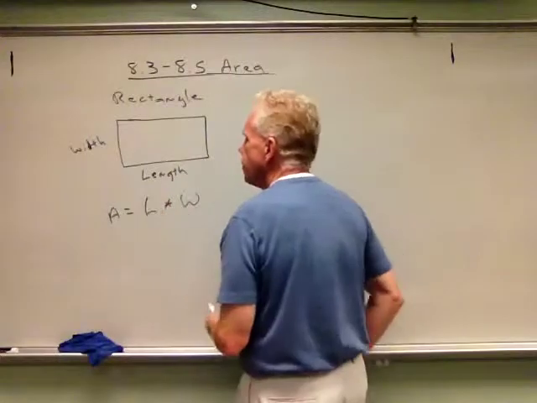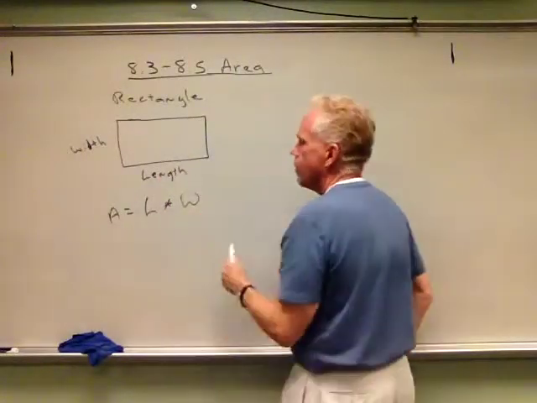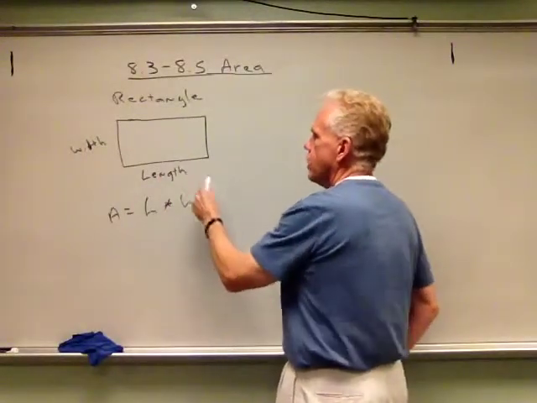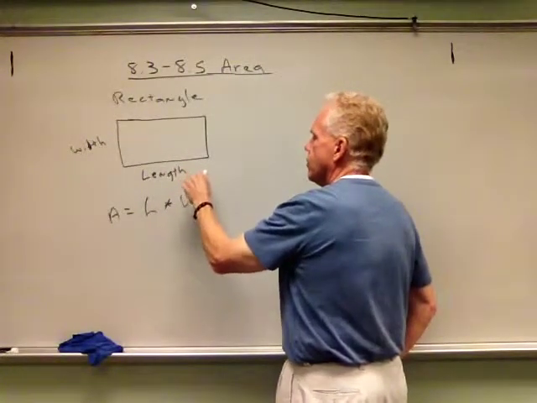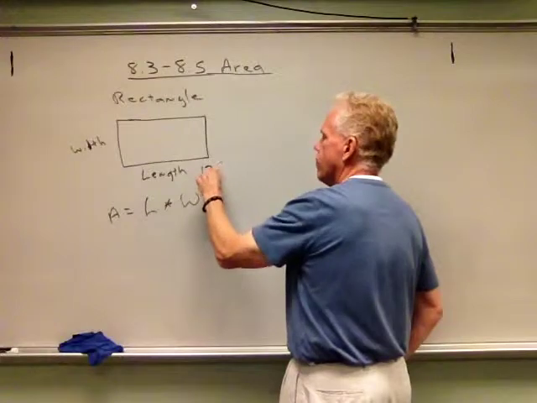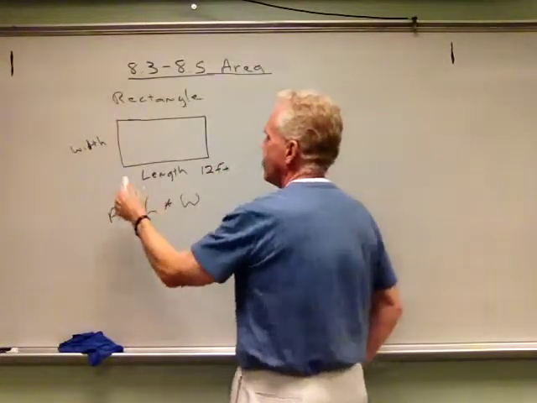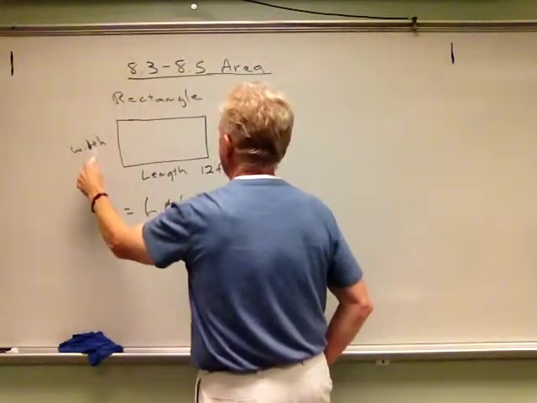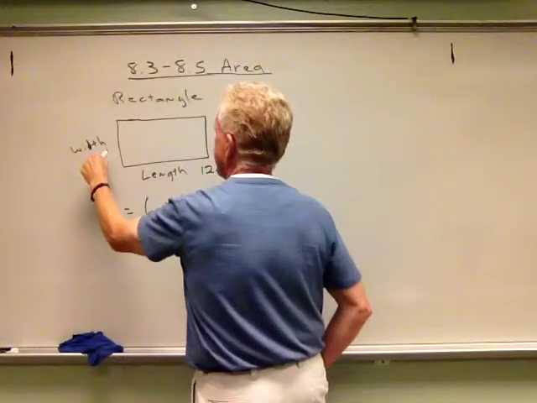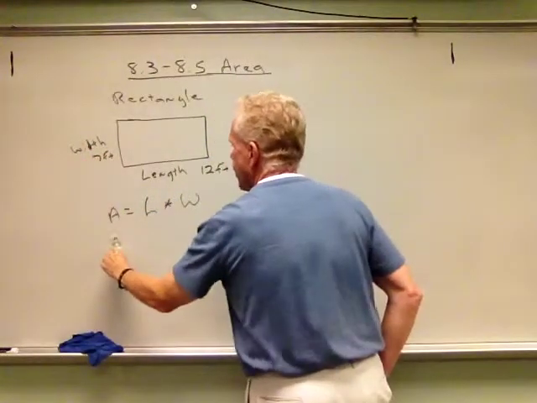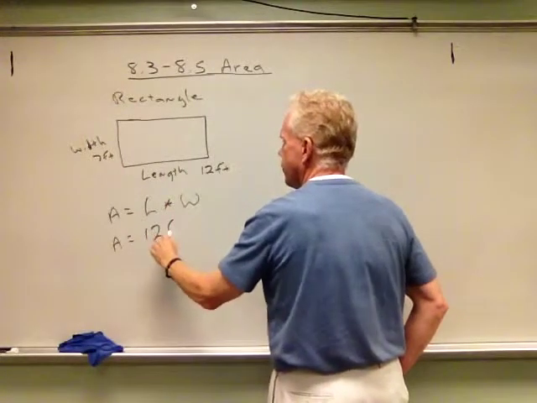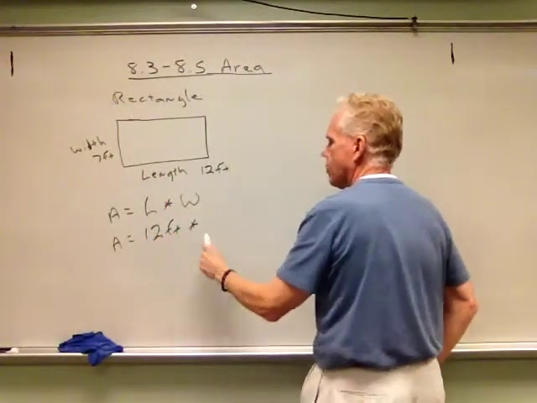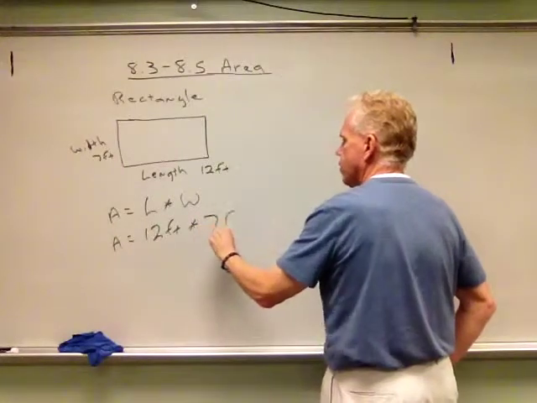And so right here, let's suppose our rectangle has a length of, let's make this 12 feet. And it has a width of, I'm going to call that 7 feet. Okay, so our area here is the length of 12 feet times the width of 7 feet.